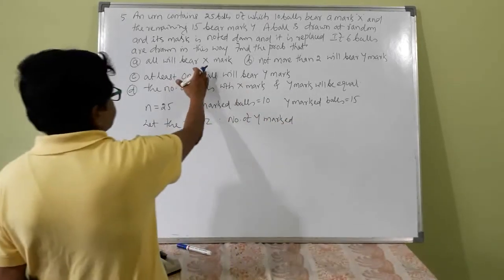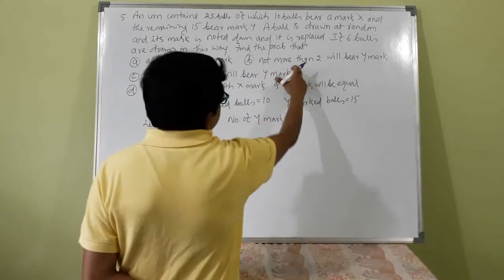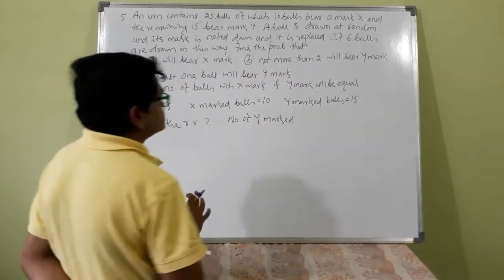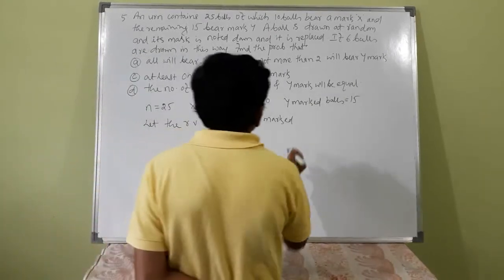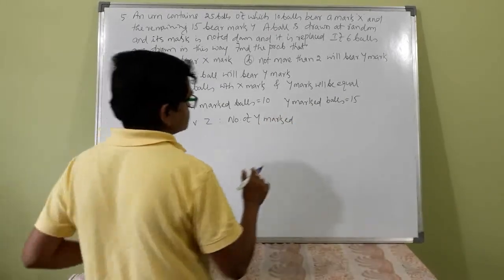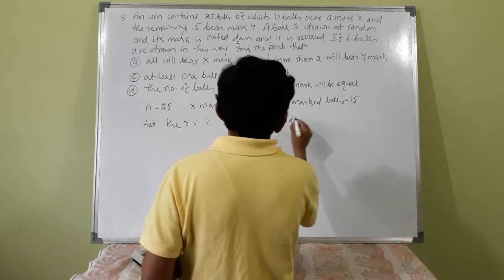You can even define X also, but in most questions Y is considered. Better you define Y marked balls only, otherwise you have to change it again in the next cases.